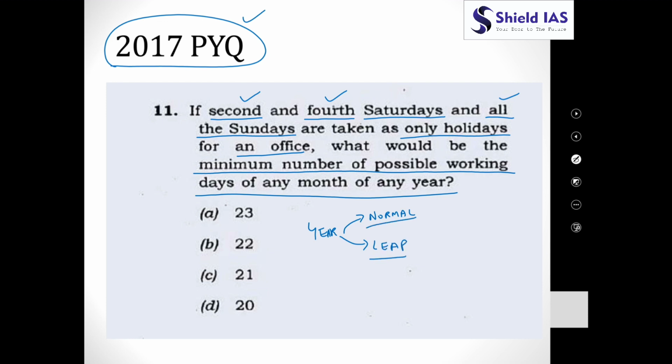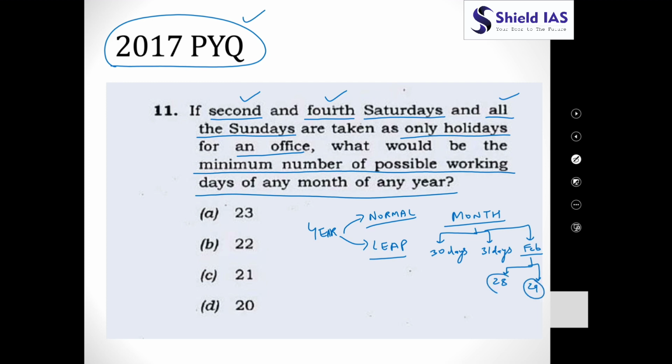In both of them there are three kinds of months: a month of 30 days, a month of 31 days, and February, which consists of either 28 or 29 days.